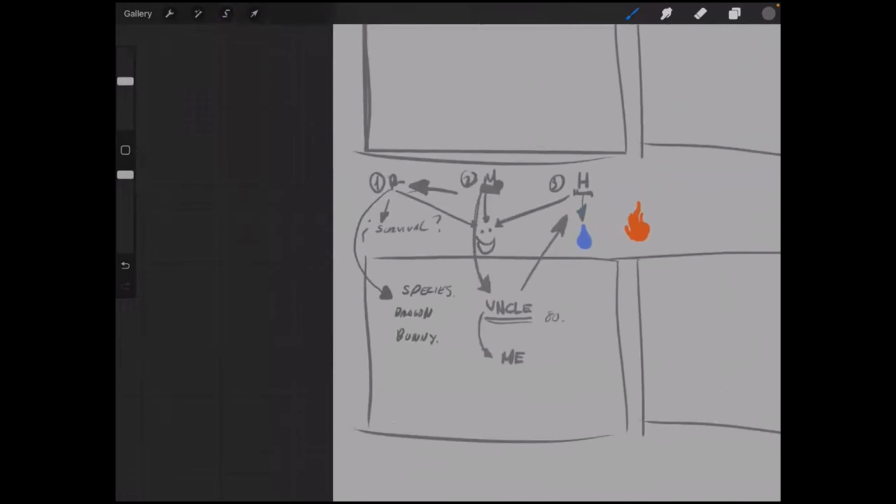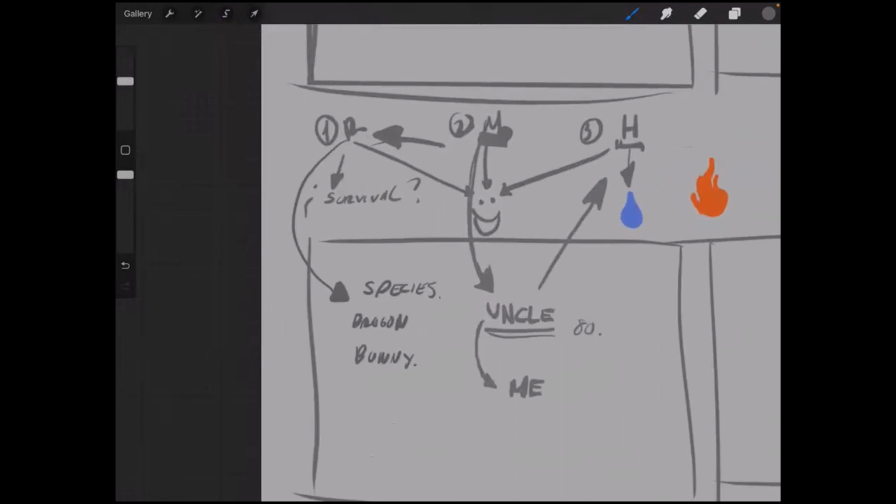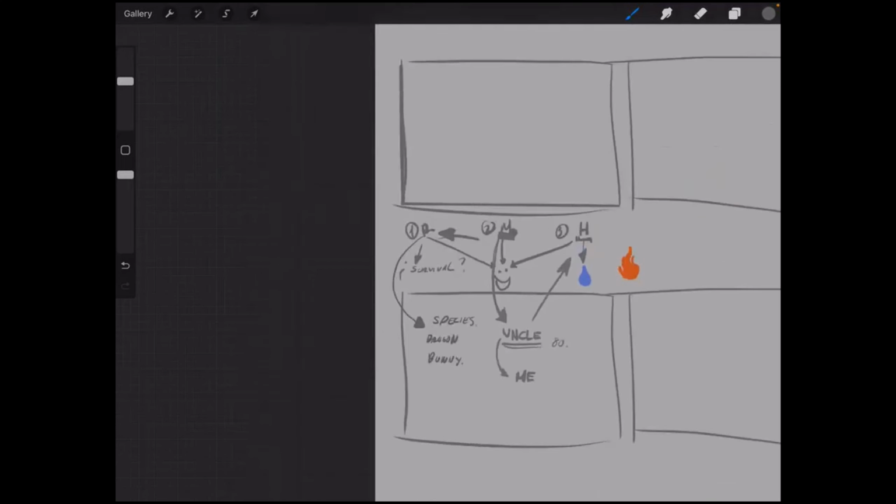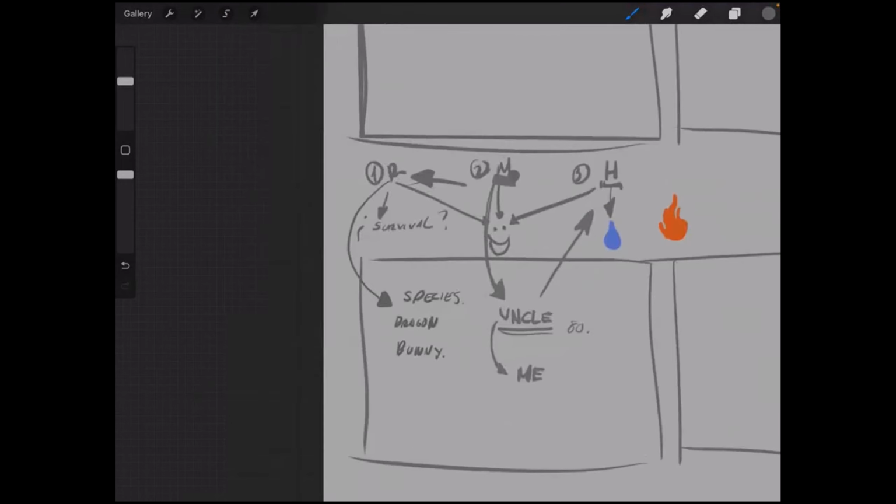So you see, we have these three concepts, and we can attach them to the composition, right? So what if it's an old bunny, or if for some reason it's their family, right? An uncle, and let's say I'm a dragon, or I'm a bunny, right?